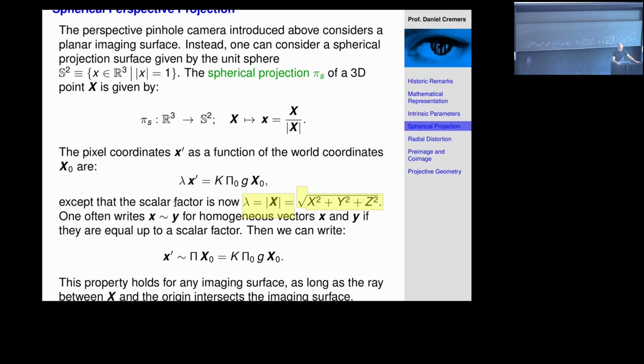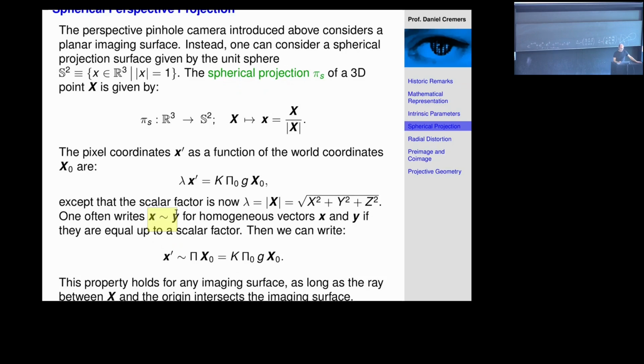Often we write x tilde, y tilde for homogeneous 2D coordinate vectors x and y if they differ only by a scale factor, like this scale factor lambda.